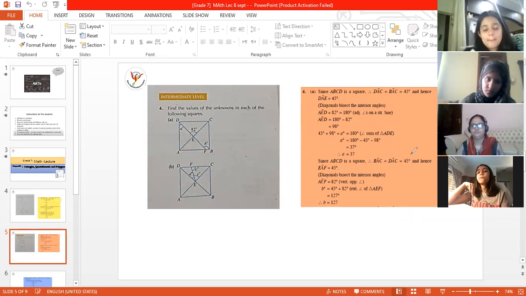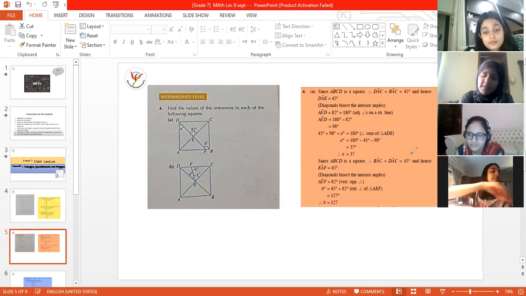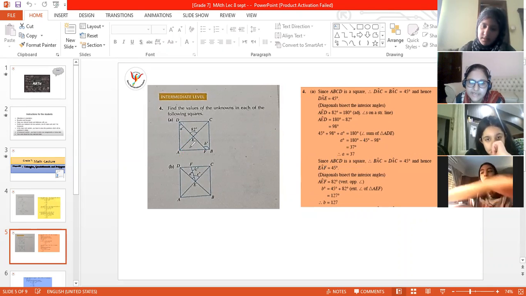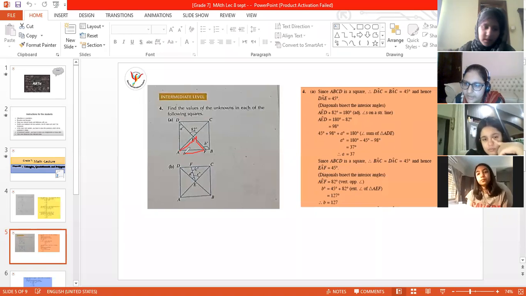Yes, Zaina. You first subtracted 82 and 45 from 180 to find the inside part of BF, then subtracted from 180 to find B degree. No, this is the triangle AEF. First of all, triangle.